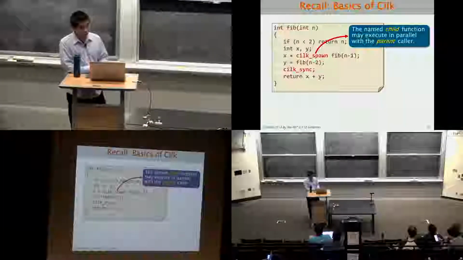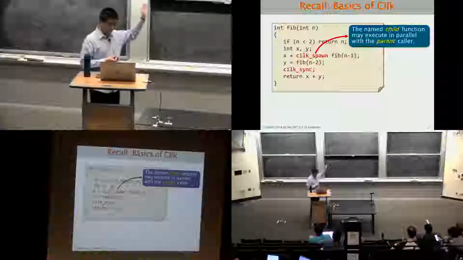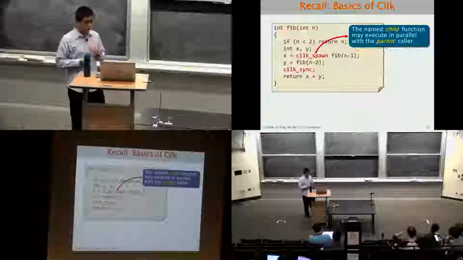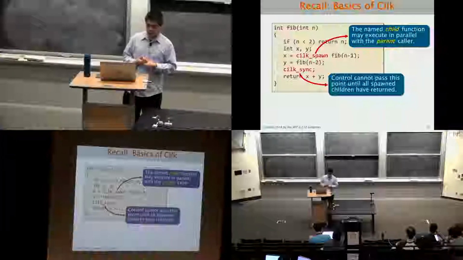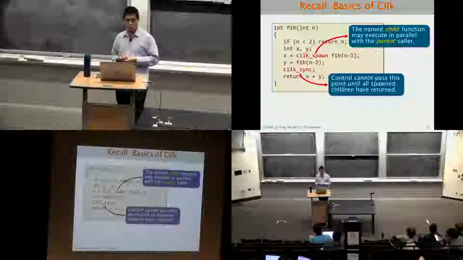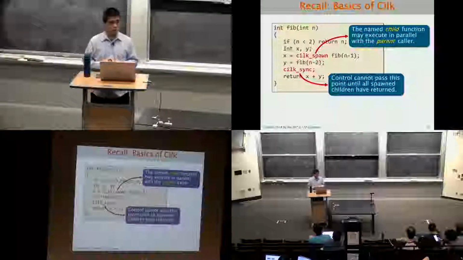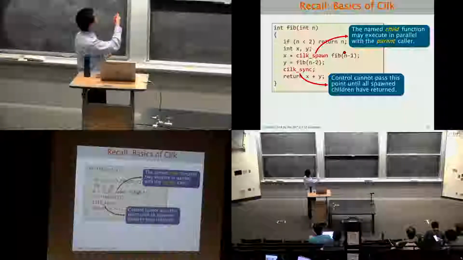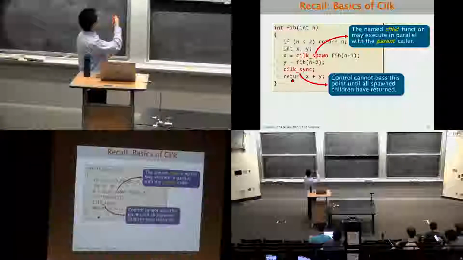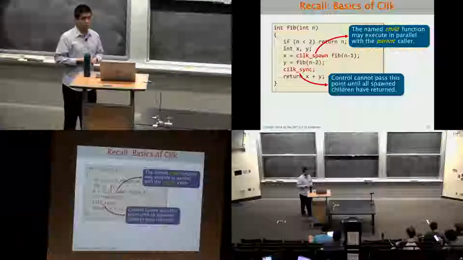So it says that fib of n minus 1 can execute in parallel with the fib function that called it. And then Silk sync says that control cannot pass this point until all of the spawned children have returned. So this is going to wait for fib of n minus 1 to finish before it goes on and returns the sum of x and y.